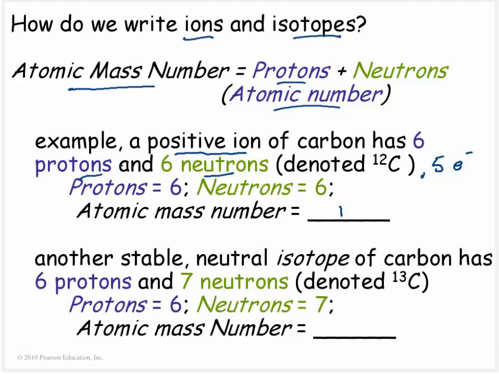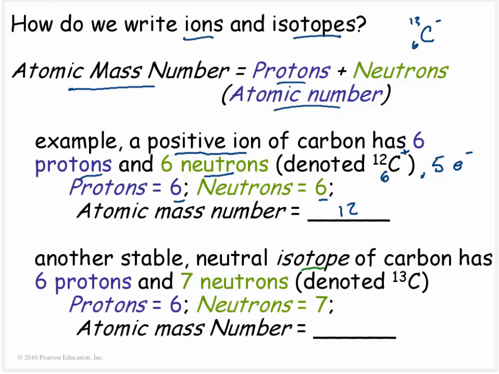Then the atomic mass number is going to be 12, right? 6 plus 6. So we're going to write 12 right here, a 6 right there, and we're going to make this guy a distinct positive. And if this was a negative ion, if it had 7 electrons, then it's going to be 12, 6, and a minus sign right there.